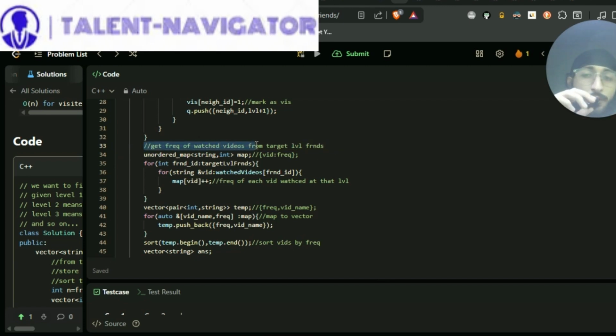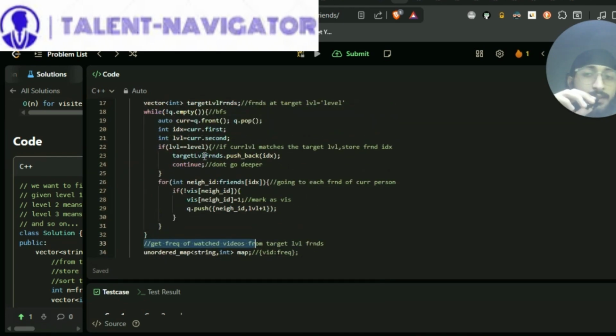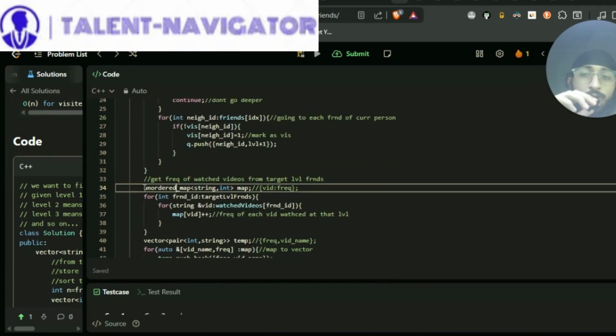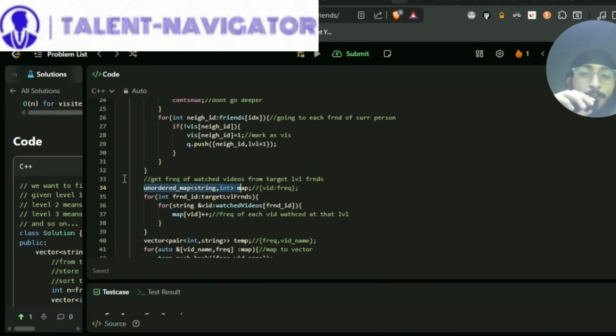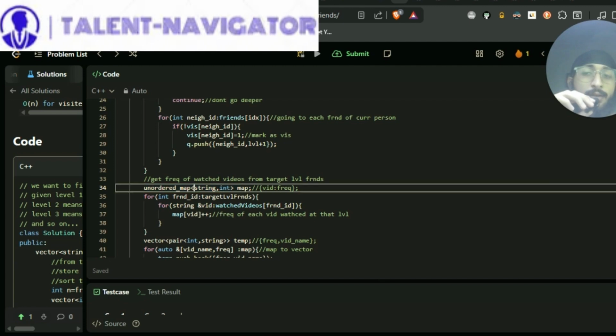We get the frequency of watched videos from the final target level friends, that is this vector. We use an unordered map with string and int as the types, which will store the video name and its frequency.